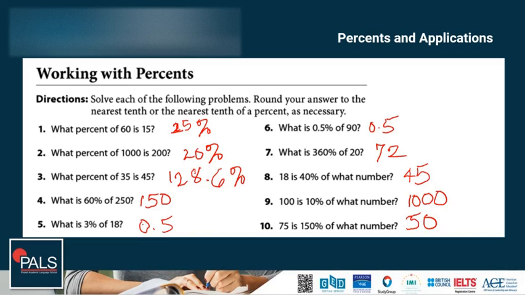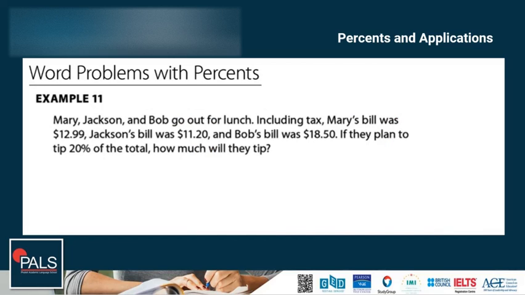And now let's proceed to word problems with percent. When solving application problems on the GED test, you will use the very same techniques you use when working with percent in general.